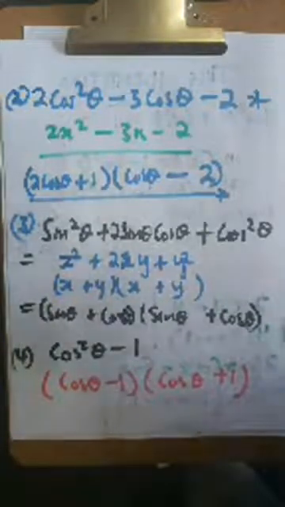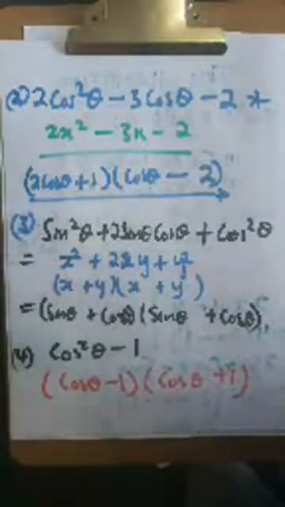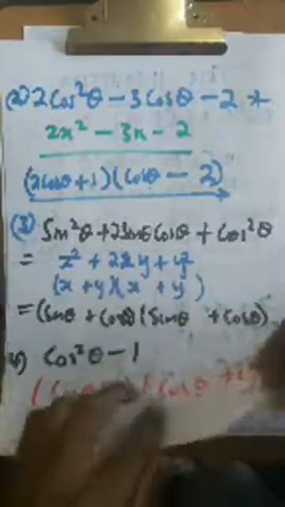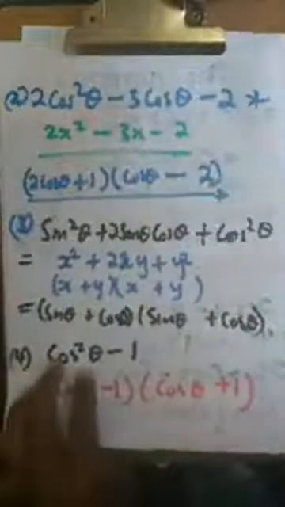Let me take a simple one. The most important thing, guys, is that we need to know that sine squared theta plus cos squared theta is equal to 1.